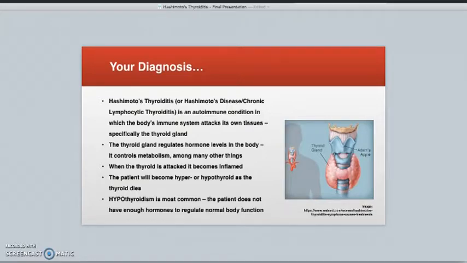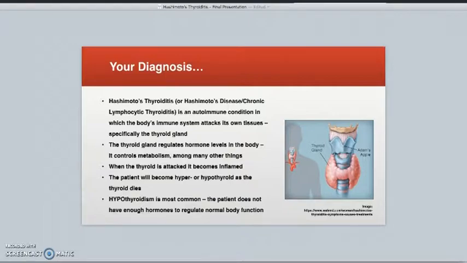So when you have this disorder, your immune system doesn't quite understand that the thyroid is part of the body and is not a foreign invader, and so it starts to attack it and break it down. And then the thyroid obviously can no longer do its job. It becomes inflamed and irritated, and sometimes becomes hypervascular, where it's actually creating blood vessels to try to sustain itself as it struggles to survive as the immune system is breaking it down.